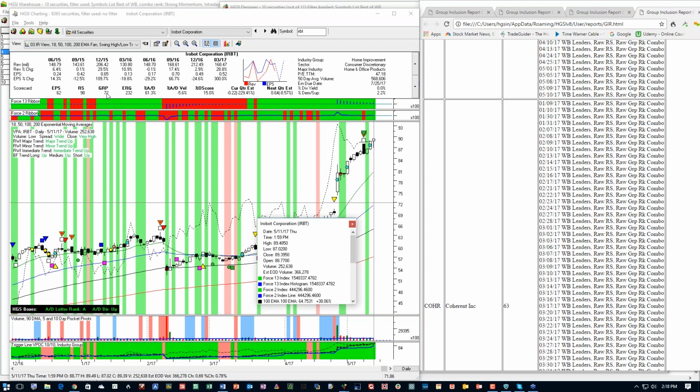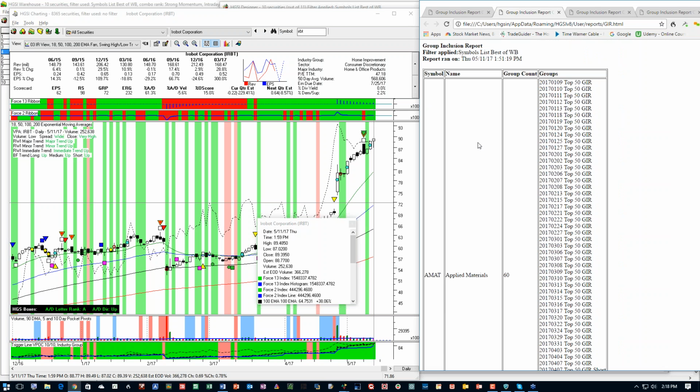First of all, the group rank is only 72, so it's not going to appear in this one. Okay. And let's go to the group inclusion report, the top 50. I'll do a control F, control find. Let's see if it shows up there. I don't think so.